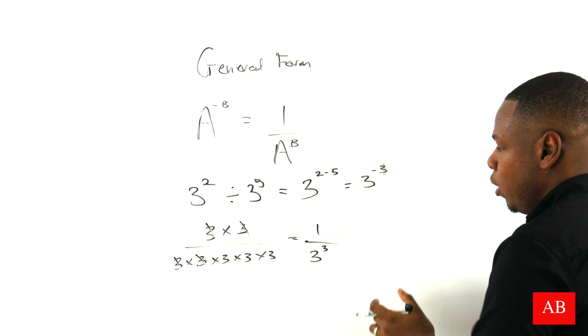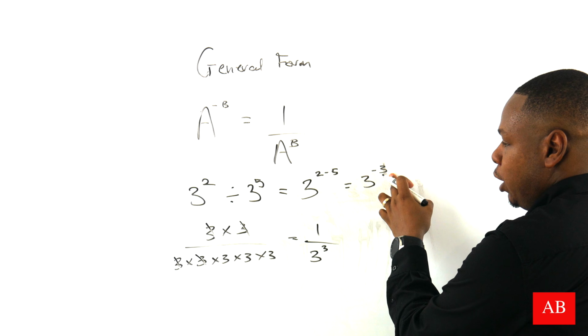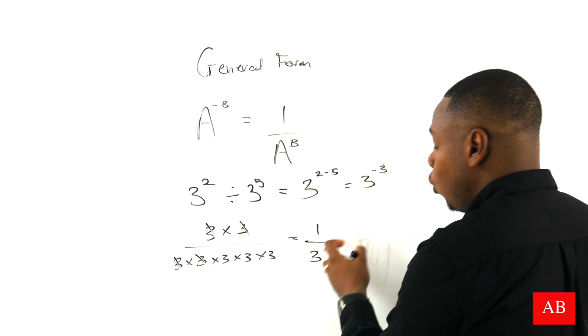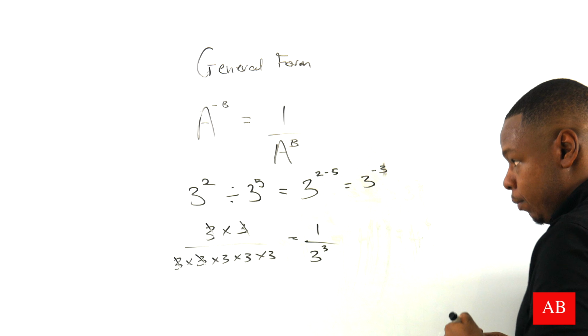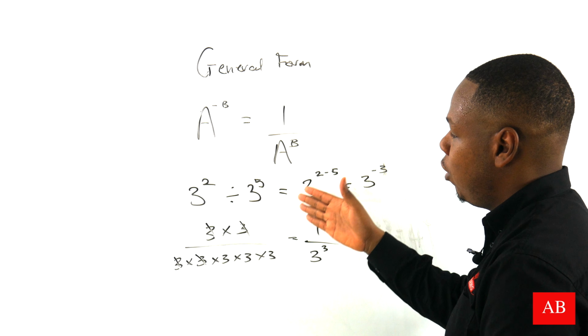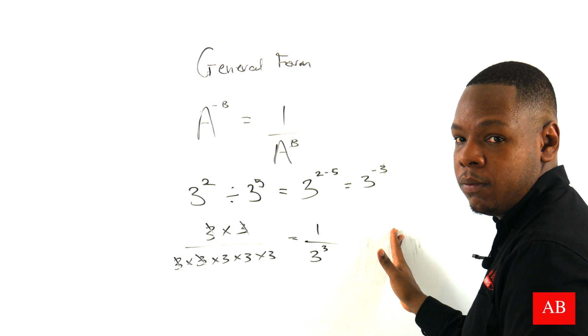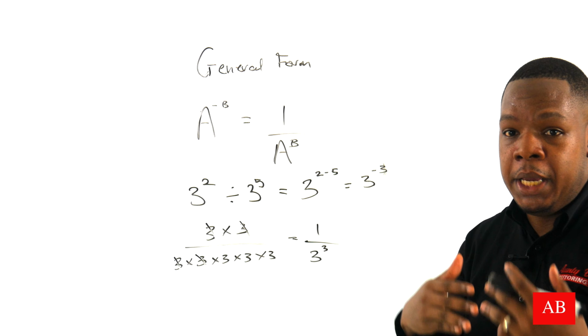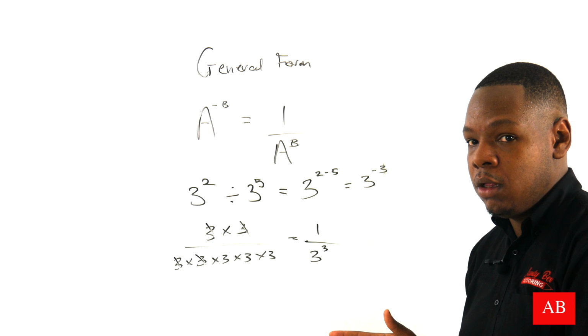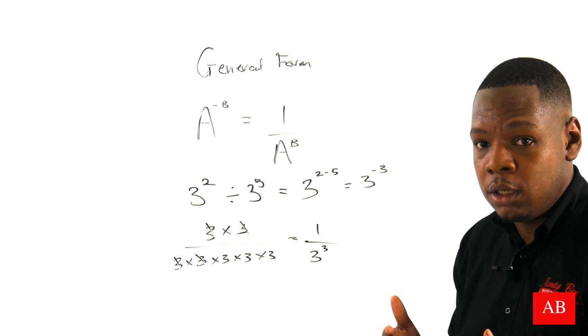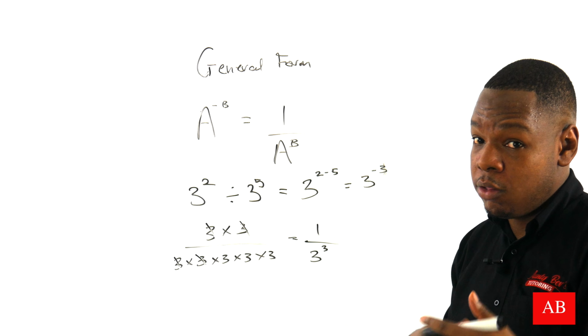So therefore, 3 to the negative 3 is the same as 1 over 3 cubed. And that is the general form, and that is a practical example. So when we raise a base to a negative index, the result is the reciprocal of the said base raised to that power.